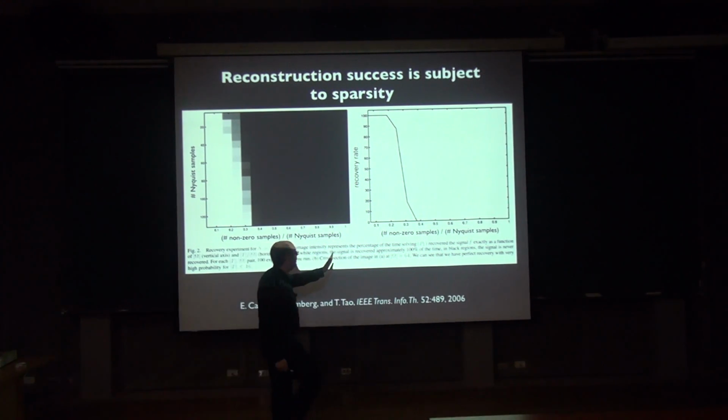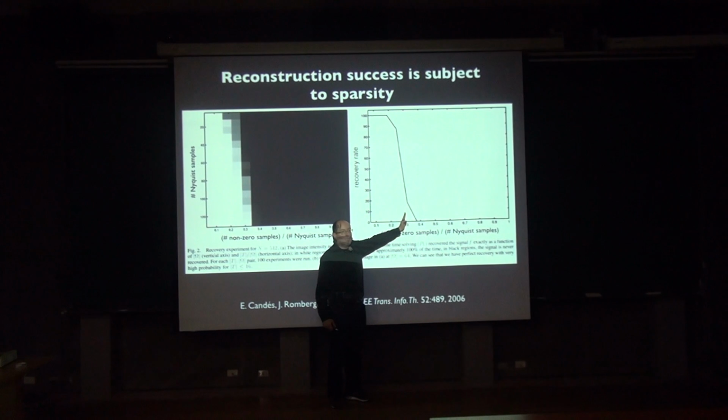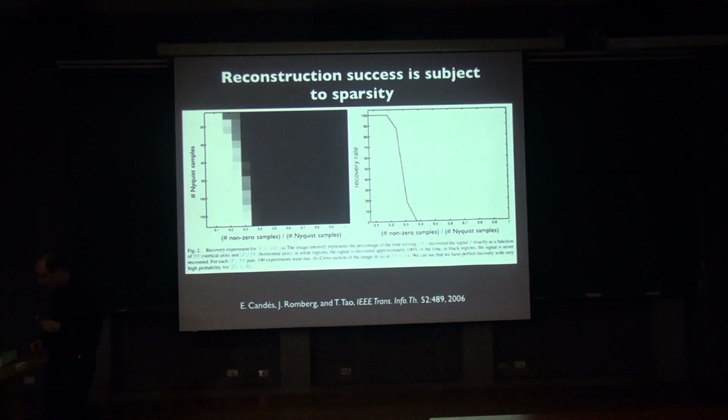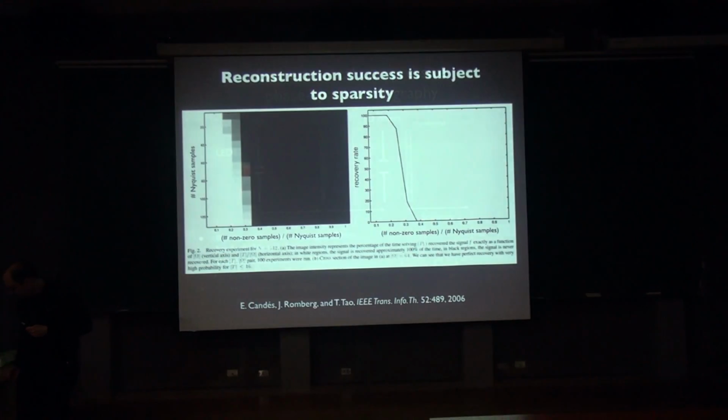So this is the criterion for sparsity. As long as the number of non-zero samples is less than this particular limit, you can recover the signal with very few measurements. That is the idea of this technique. And this paper is very understandable, so you can read it if you would like to learn more about this.